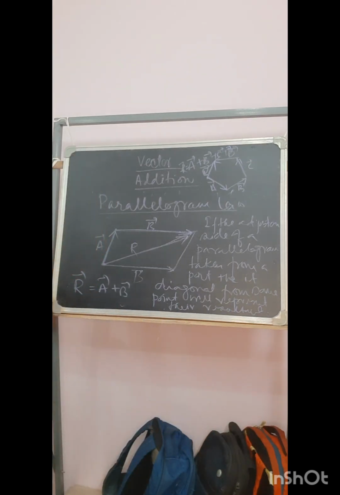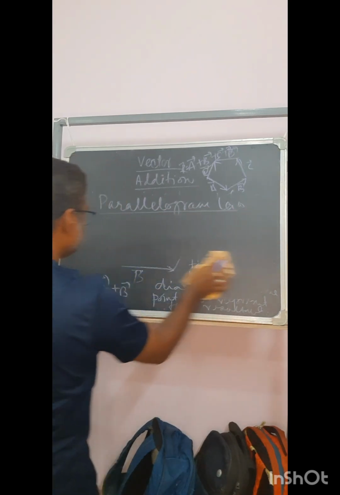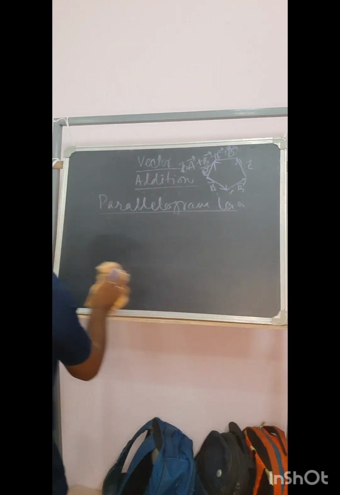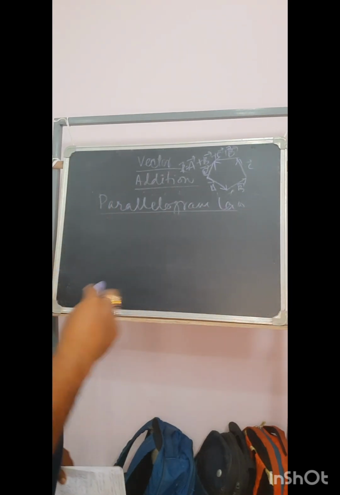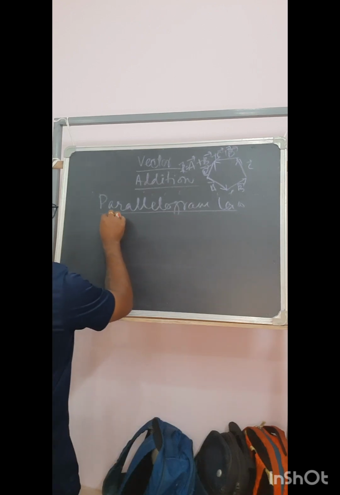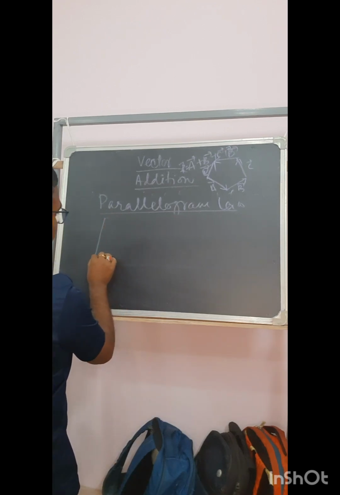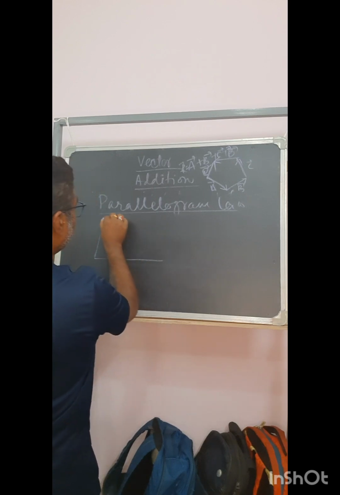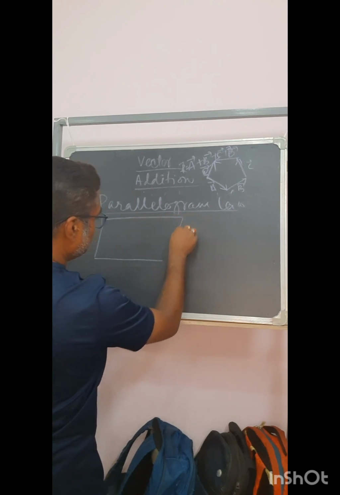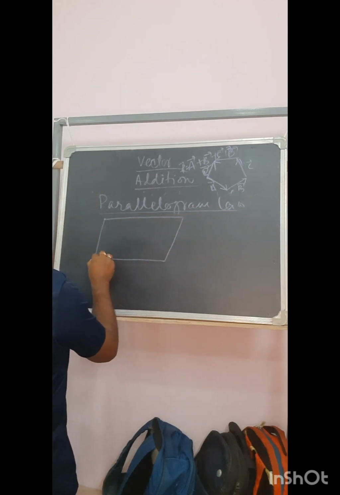Now comes the mathematical part of it. What is the relation between the resultant and the vectors? That I will derive from a parallelogram. So let me draw it again. This is the parallelogram.